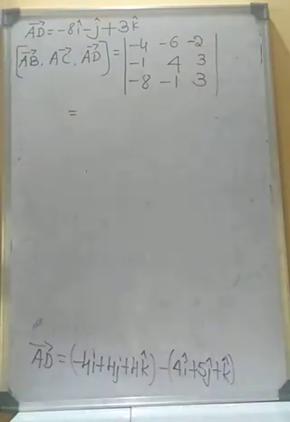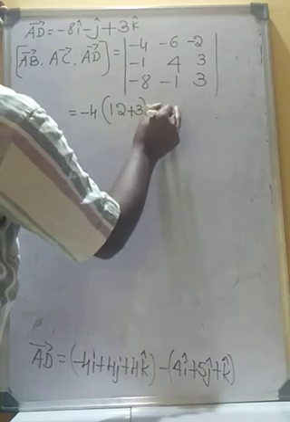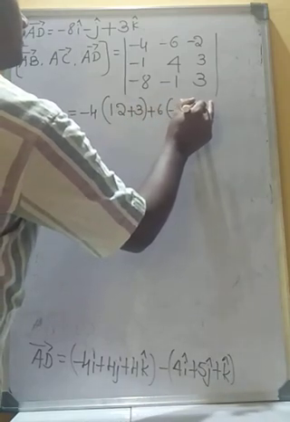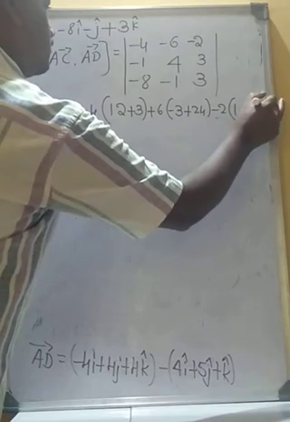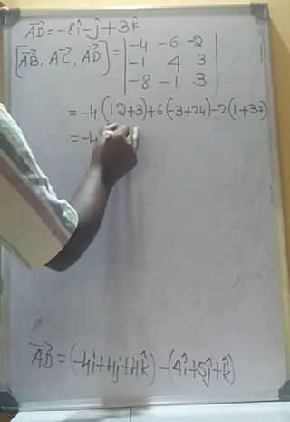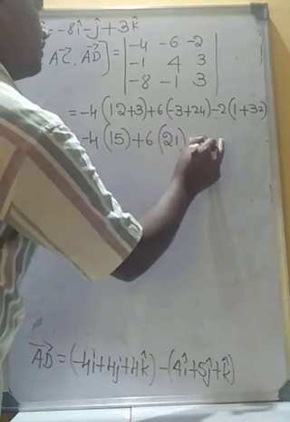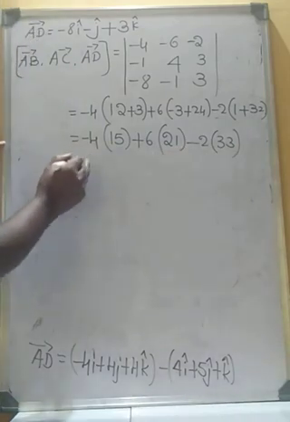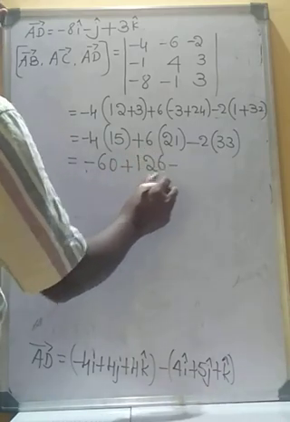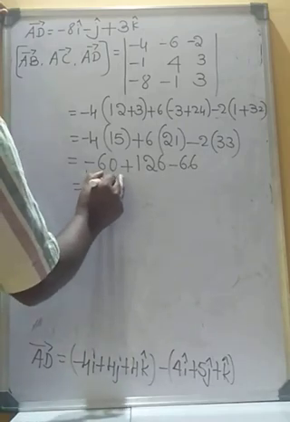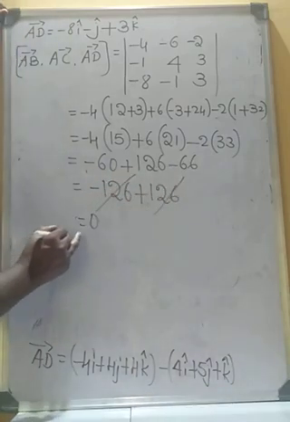Expanding, this gives -4 times 15 plus 6, which is 21, minus 2 times 33... 15 fours are -60, plus 126, minus 66, minus 126 plus 126 cancels, equal to 0.